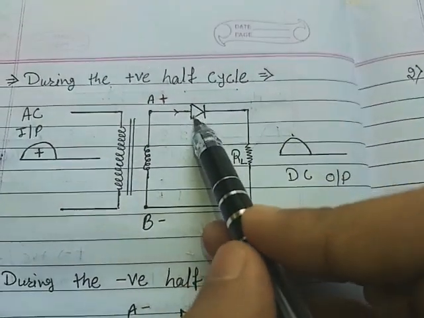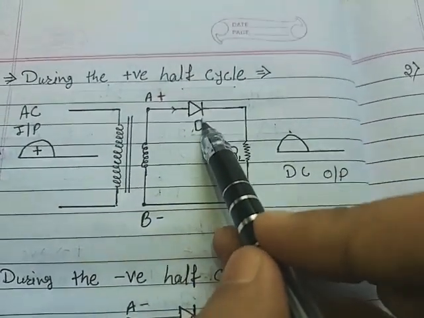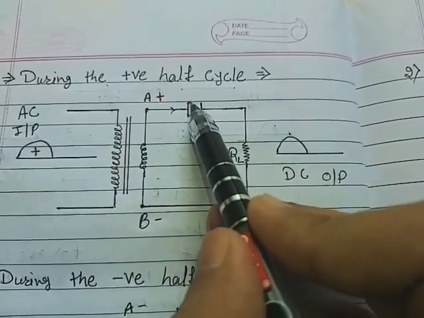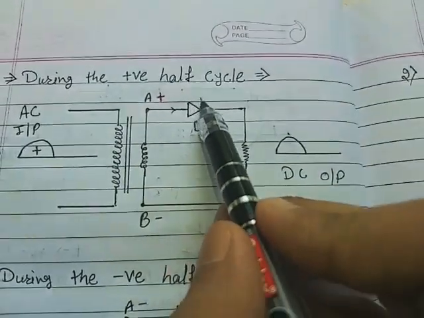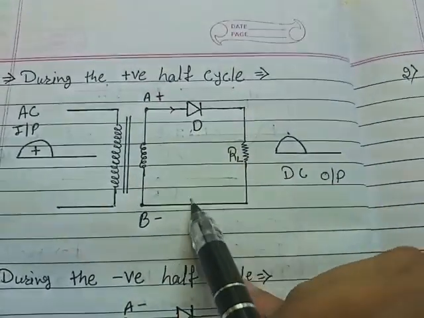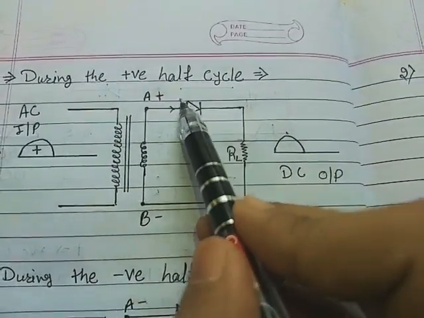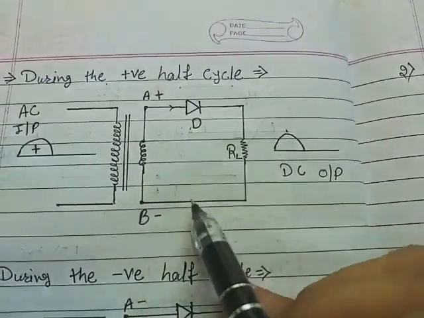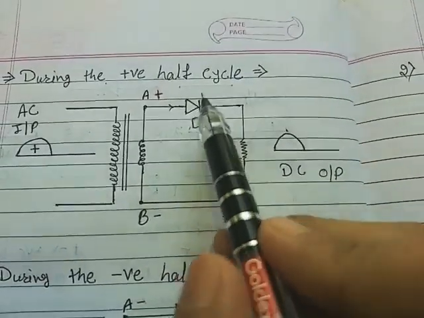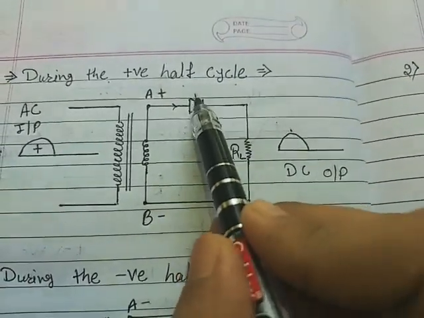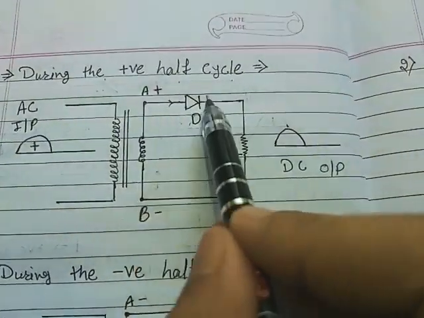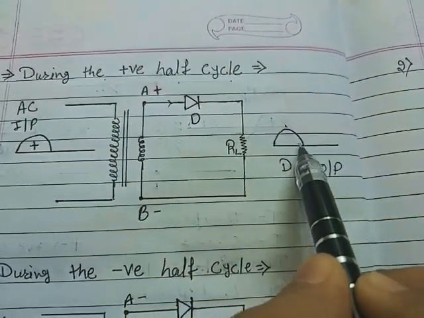This is the P side of the diode and this bar is the N side of the diode. So the P side of the diode is connected to positive and the N side is connected to negative. Hence the diode becomes forward biased. P for positive, N for negative, diode becomes forward biased. When the diode is forward biased, it allows the flow of current from positive to negative. So the current flows and we will get the DC output.